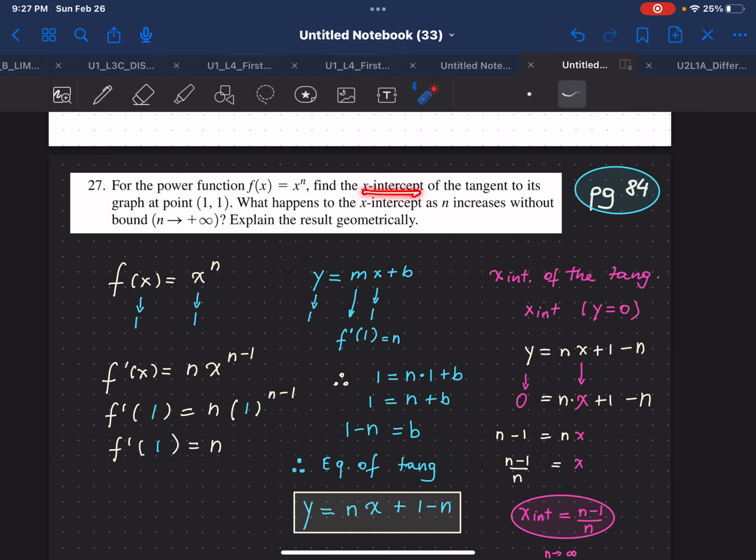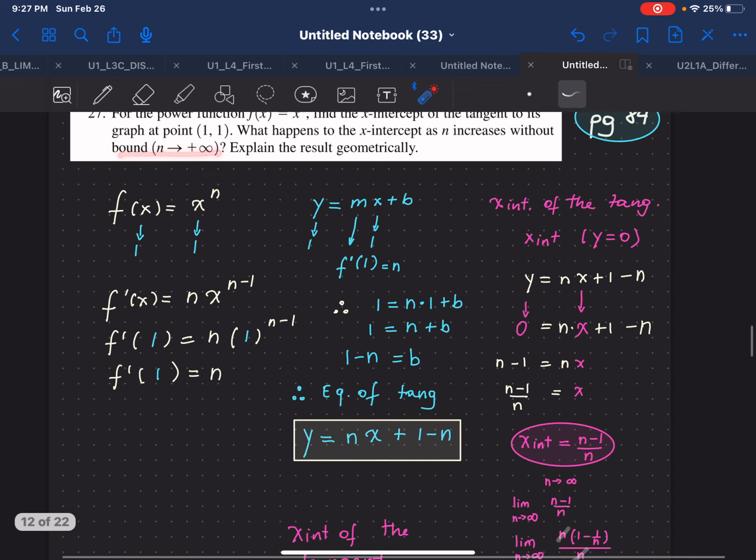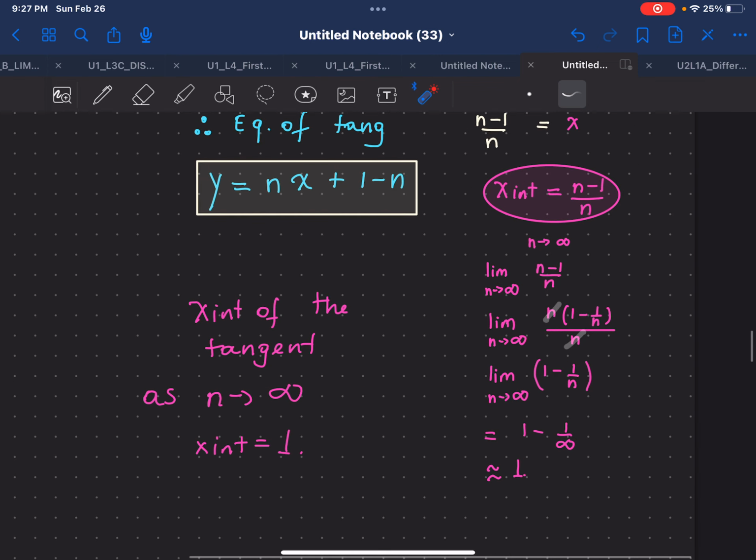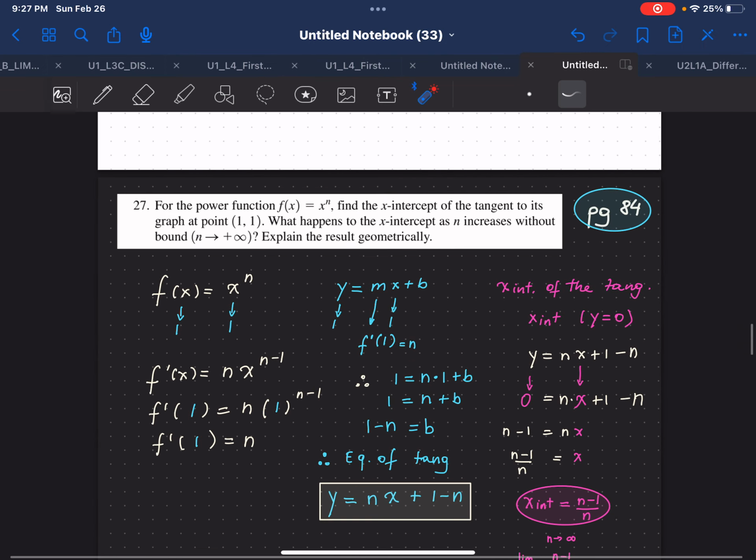We found the x-intercept, this is the x-intercept right here. And then we discussed what happens to the x-intercept as n increases without bound by estimating this expression as n approached infinity, by finding the limit, and we found out that it was equal to 1. Now, the last part of the question is to explain the result geometrically.